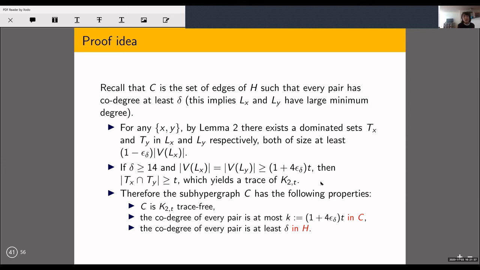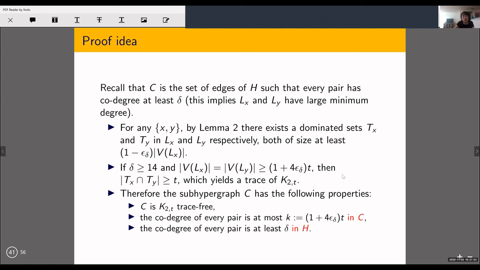So what this tells us about the subhypergraph C is the following. First of all, C is still K_{2,t} trace free because it's just a subhypergraph of the original thing.